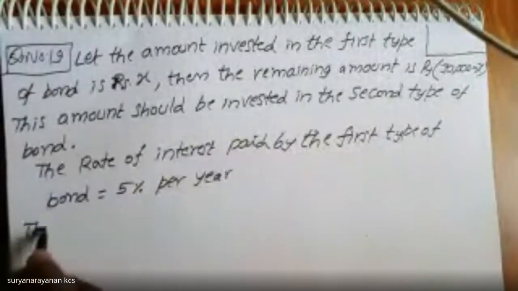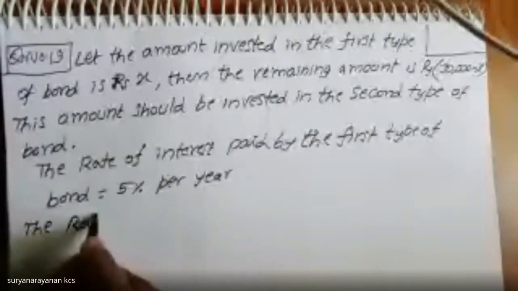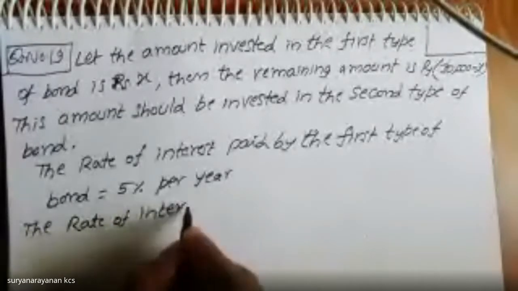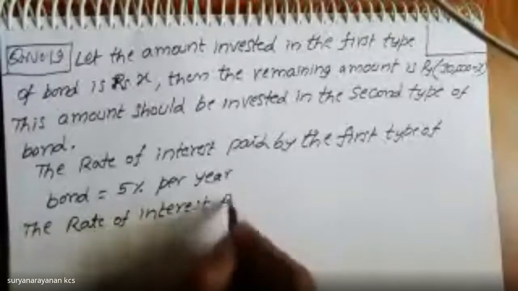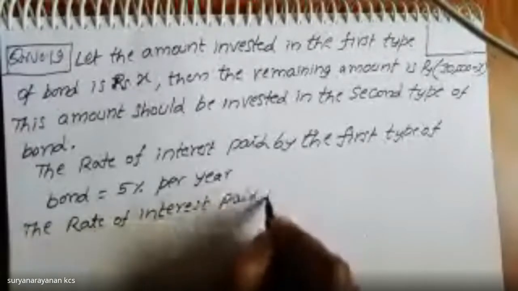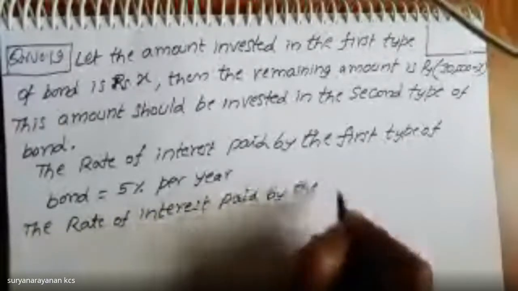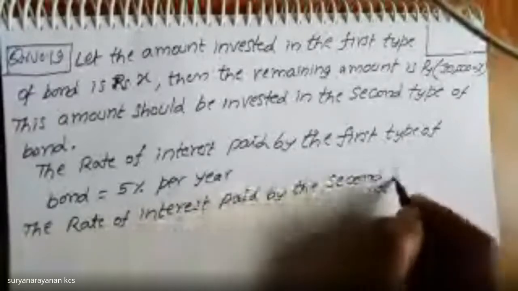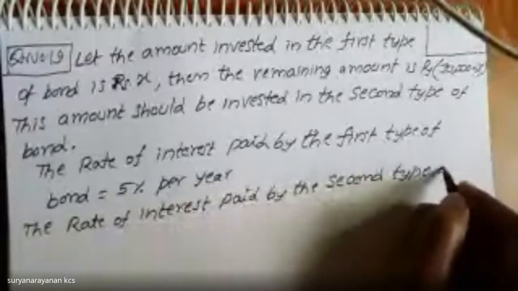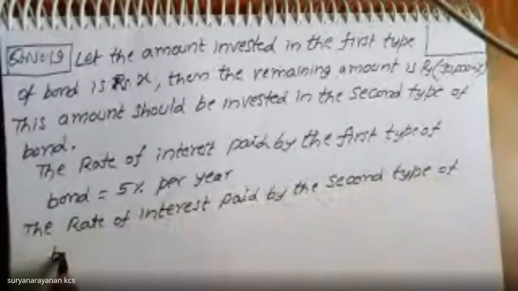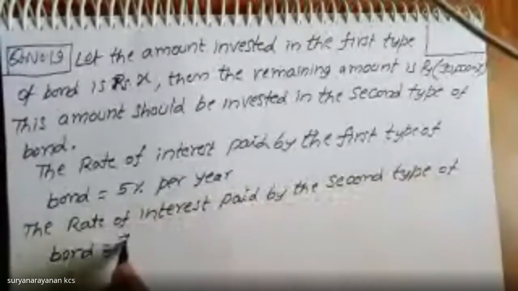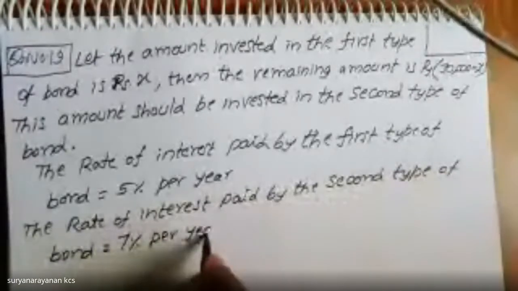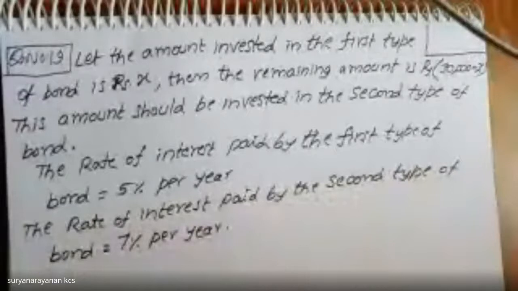The rate of interest paid by the second type of bond is 7% per year.